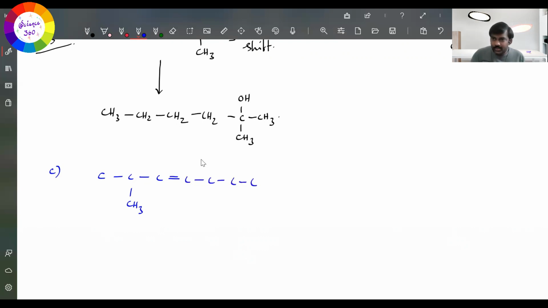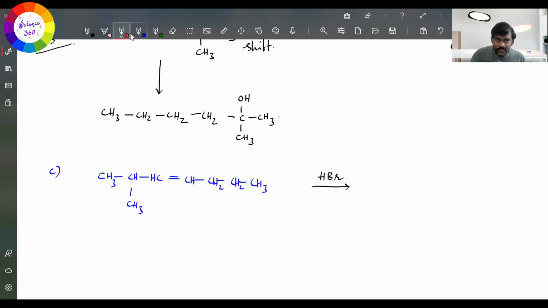So that is 2-methyl 3-heptene. Okay. So here hydrobromination means we need to attach HBr. So HBr we are going to attach.